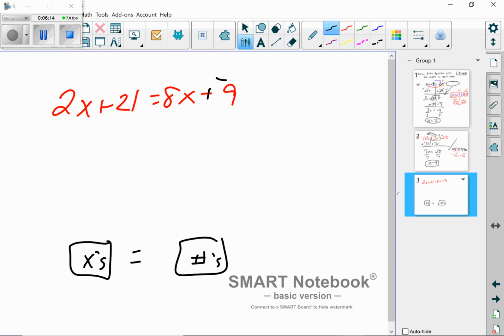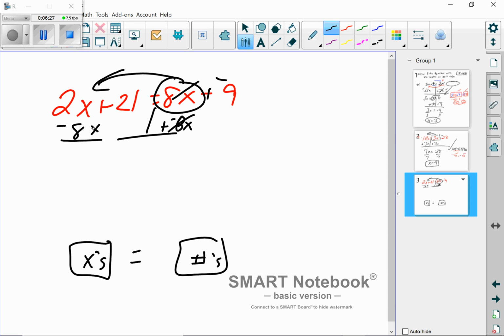To do that, we need to move the 8x to the left side. So we do that by doing negative 8x. Remember, x is going to x's, plain numbers going to plain numbers. So this is negative 6x plus 21 equals negative 9. Now we need to move the plain number to the right.